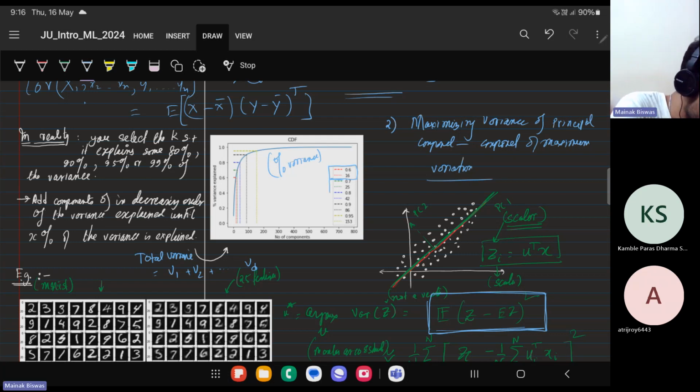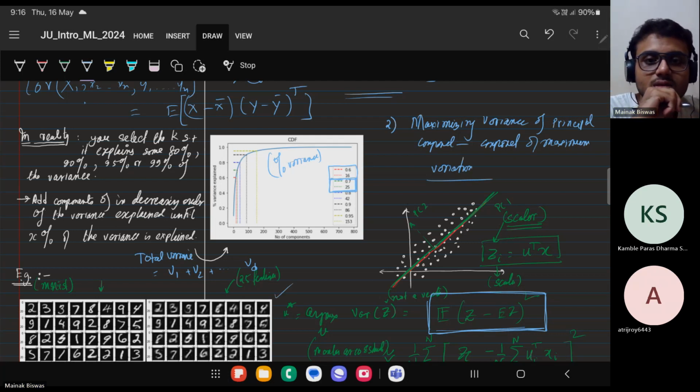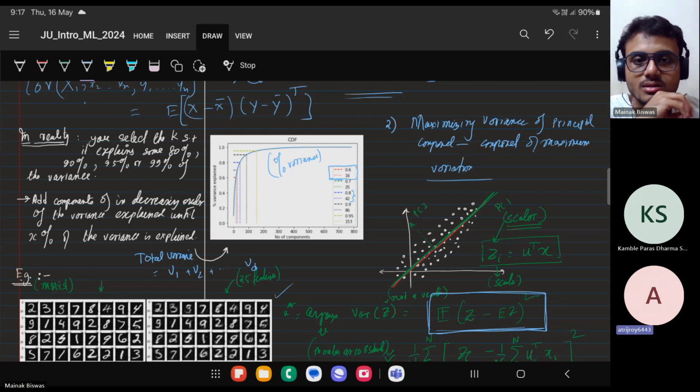I just kept 70% of the variance and I got this reconstruction. 42 features explain 80% of the variance. Just 86 features, one 12th of the features, explain 90% of the variance. So what do the rest of the features do? They just have noise. Those components are not at all essential.